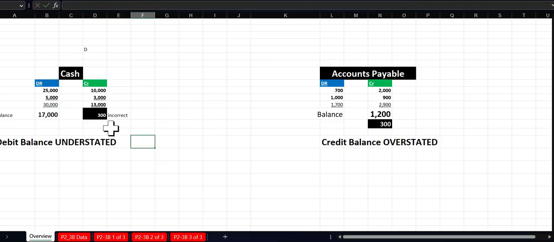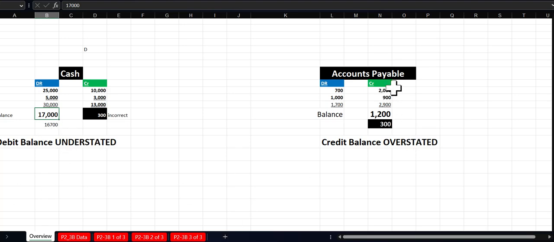The way I would describe this is that the debit is understated because this would bring it down to $16,700, which is less than what it should be. And so we would say that the debit is understated.